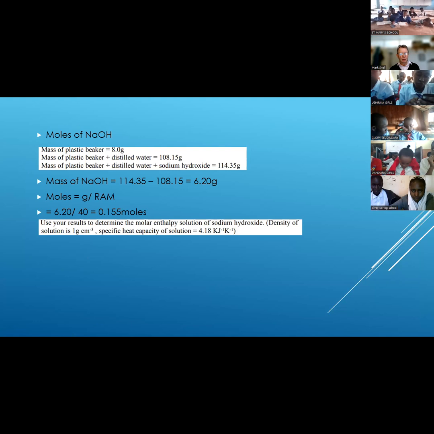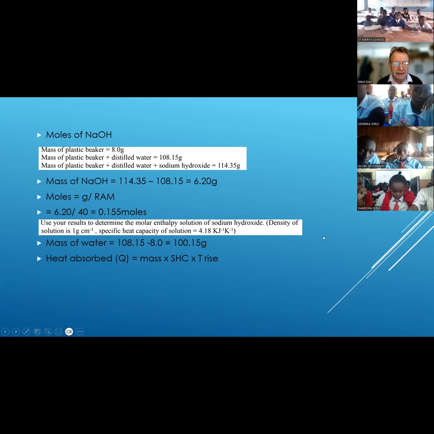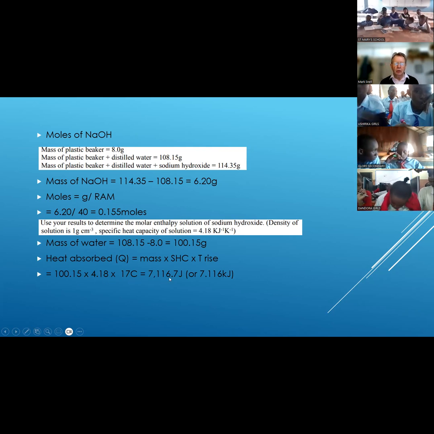Now, the mass of water was 108.15 minus 8, which is 100.15. So that's the mass of water. We know that the temperature change was 17 degrees. We know that specific heat capacity was given as 4.18. So it is 100.15 times 4.18 times 17, which is 7116.7 joules.